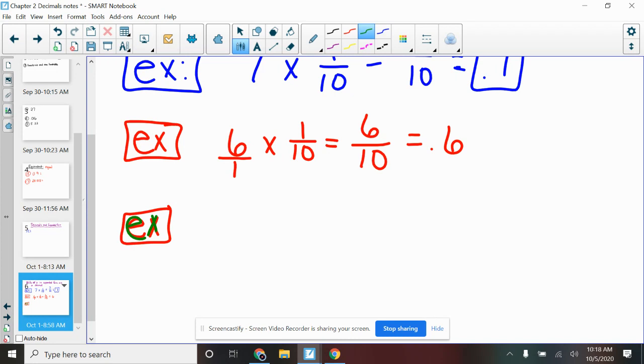What if it was 8 times 1 over 100? Is it going to be anything different? No. It's just that now, instead of having a number in the 10th place, we're going to have a number in the 100th place. Brandon, what's this going to look like? 0.08. That's it.